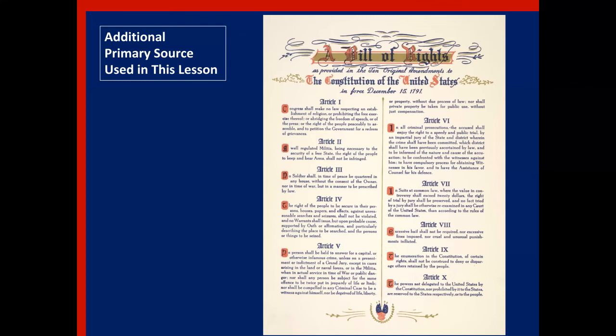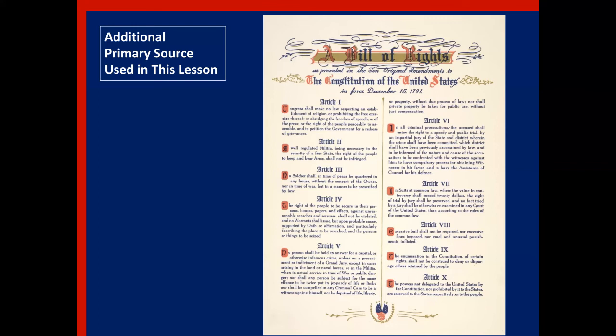But students might be able to also notice, well, freedom from want and freedom from fear are not included in any text here in the Bill of Rights. But you might ask the students if they saw any amendments that might relate to freedom from fear or freedom from want.